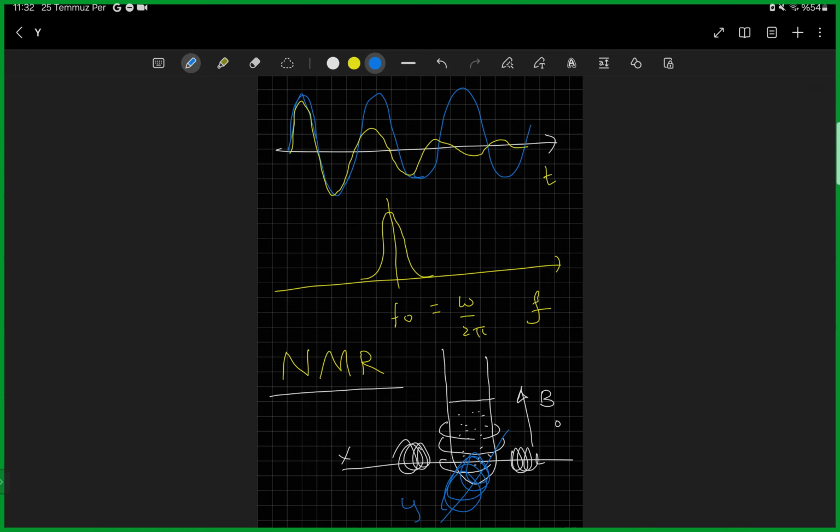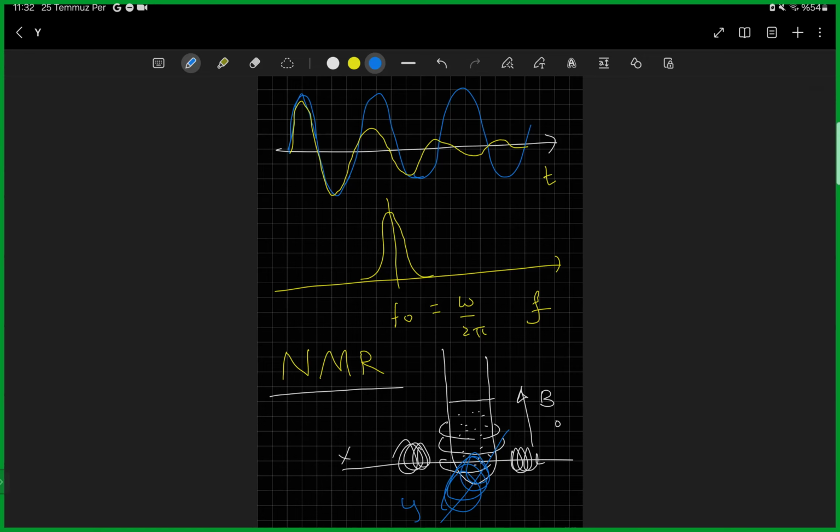So nuclear spin is very hard to detect, and that's why you need a very large number of these nuclear spins to produce a signal that is strong enough to be detected by the coils. So in this kind of quantum computer, you do not have a single spin, you have an ensemble of spins.